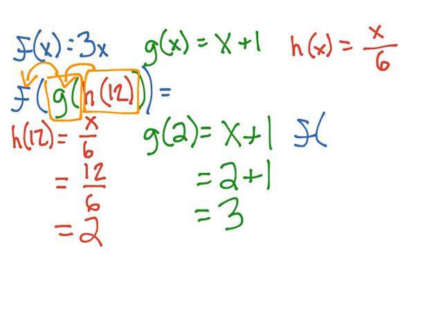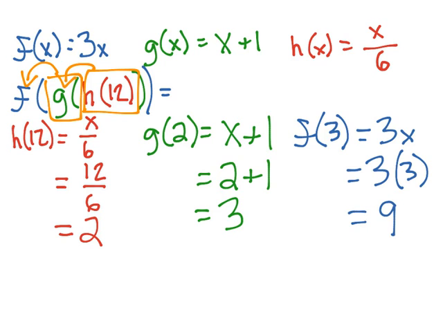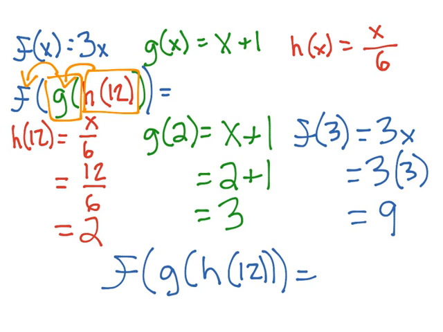So f of 3 equals 3x, or in this case, 3 times 3, or 9. In this case, the final value for f of g of h of 12 is equal to 9.